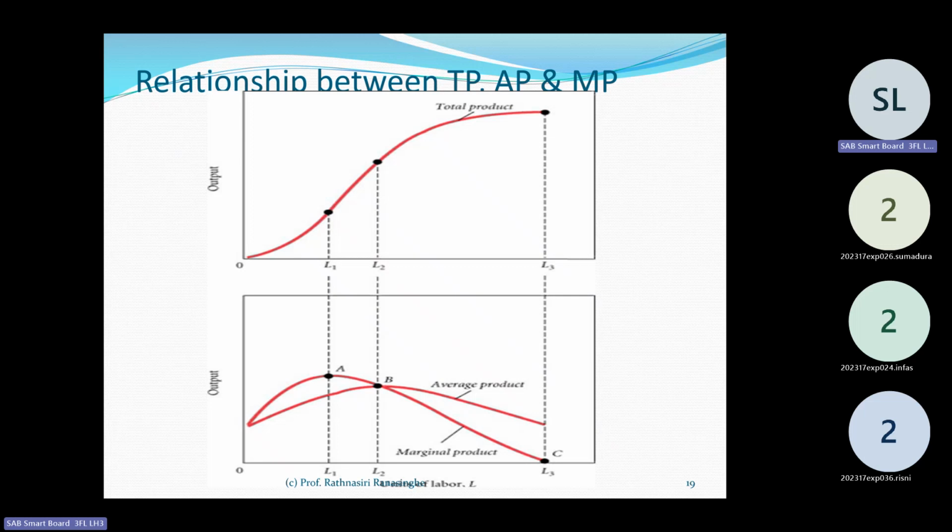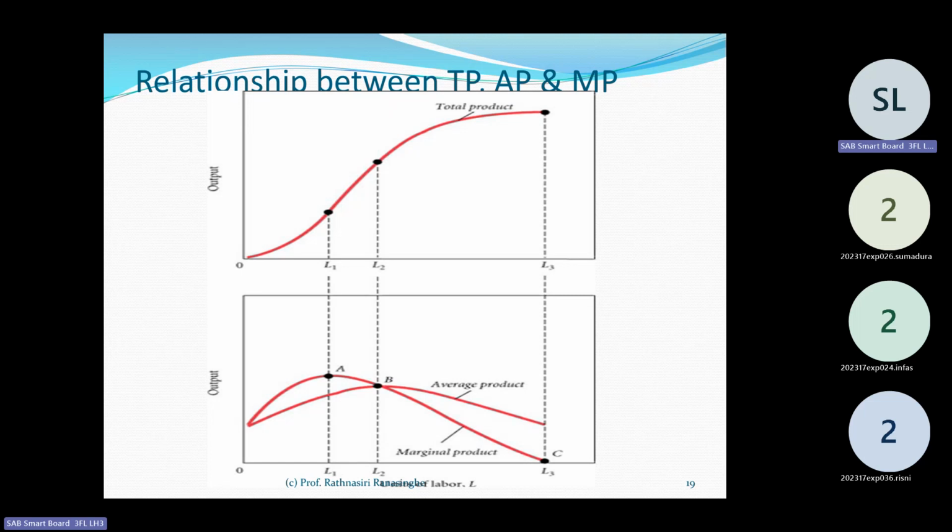What we see initially is that total product increases. When you come to the L1 level, total product increases at an increasing rate. Then total product increases at a decreasing rate and comes to the maximum level. Thereafter it decreases.